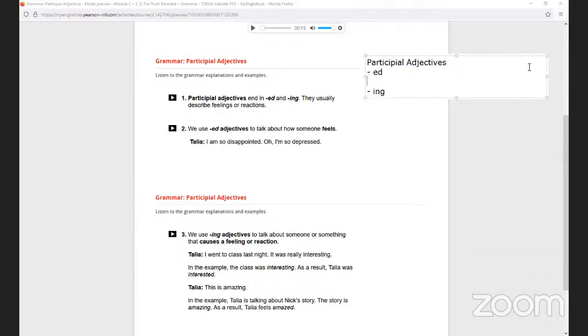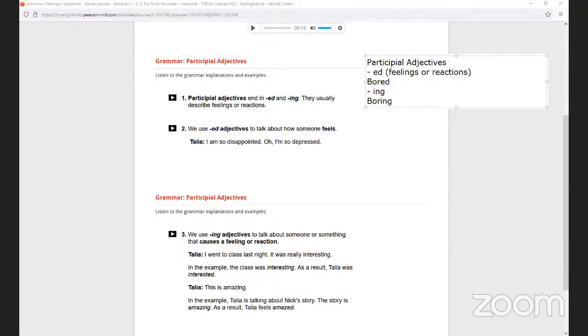For example, bored, boring. These adjectives that end in ed, these participial adjectives, most of the time are going to represent feelings or reactions.